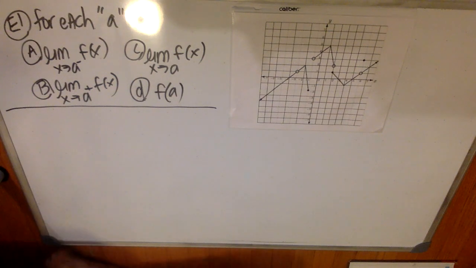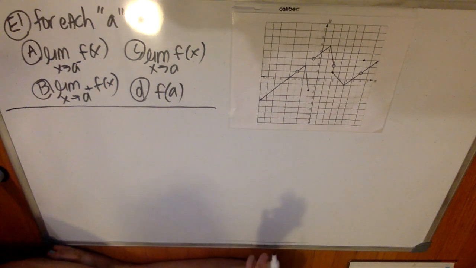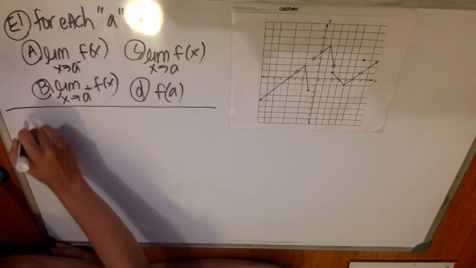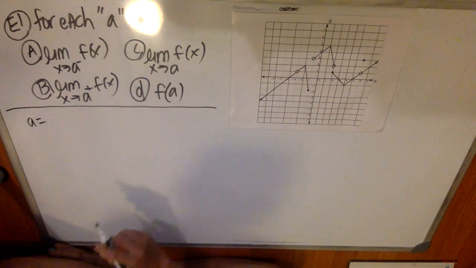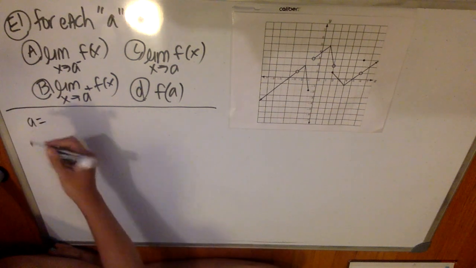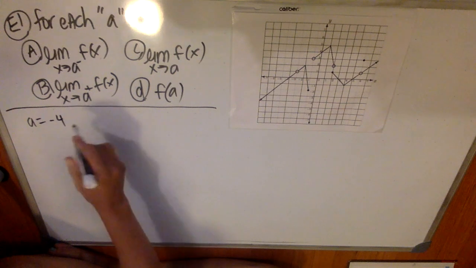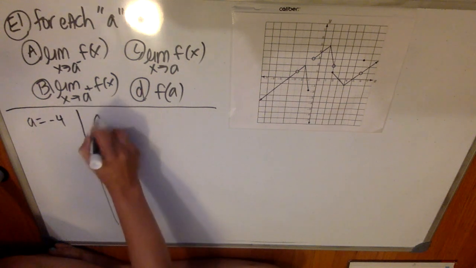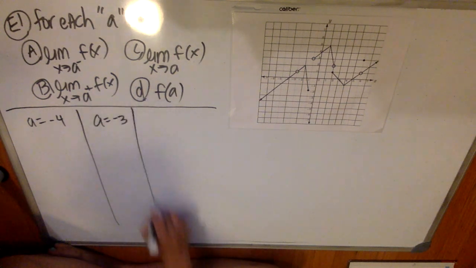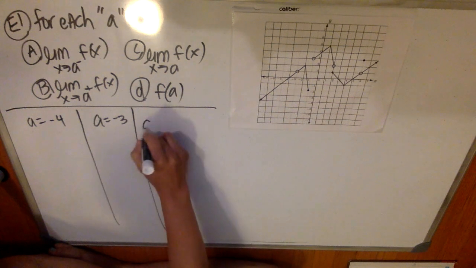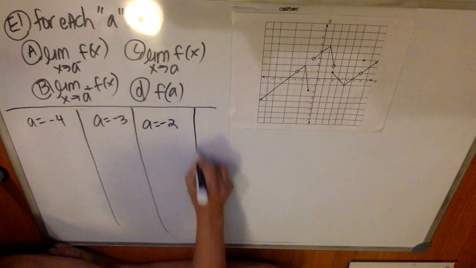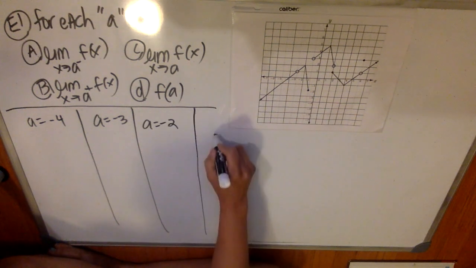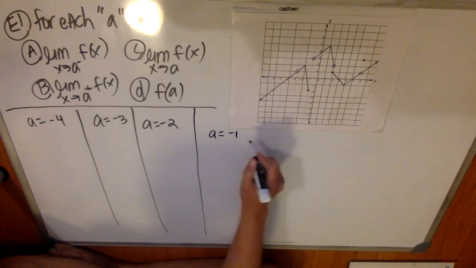So that's what we're going to do for each one of these. So let's go ahead and talk about what the different a values are. I'm going to do a is -4. We're going to do a is -3. We're going to do a is -2. We're going to do a is -1.